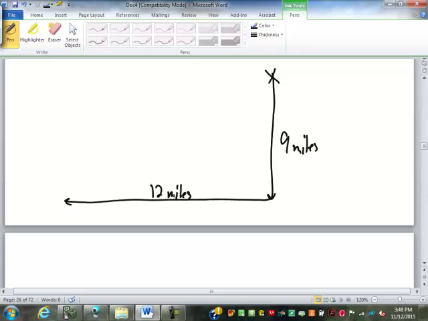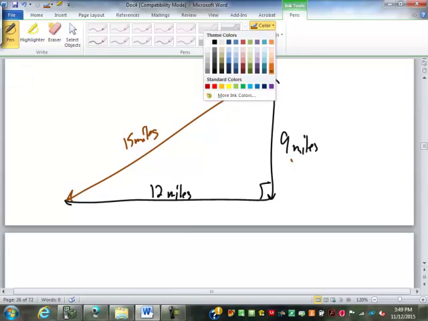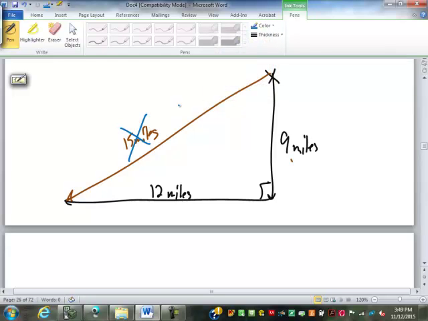Now, according to our calculations, he should have been 15 miles away, right? A squared plus b squared equals c squared. A right triangle, he should have been 15. But he wasn't 15. How far away was he? 9 miles away. How is that possible? How can he make a perfect right turn? And no, he did not turn a little bit too sharp and came back.